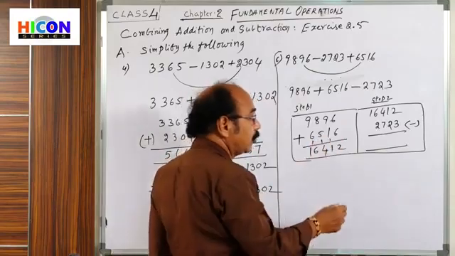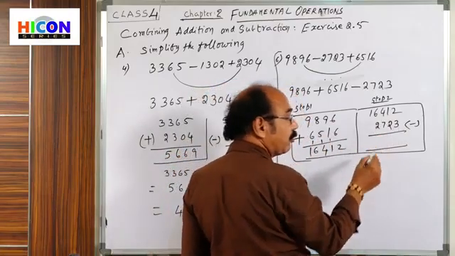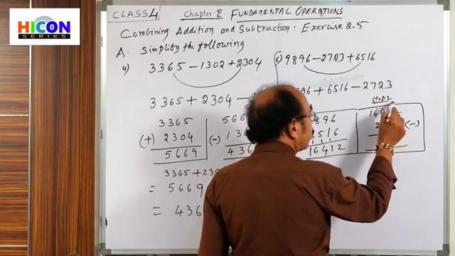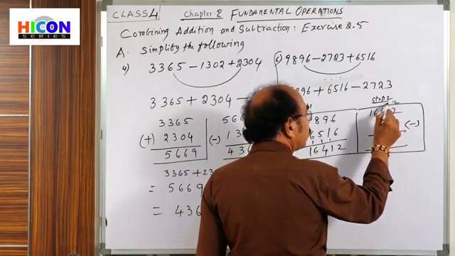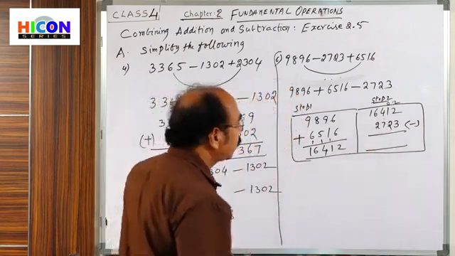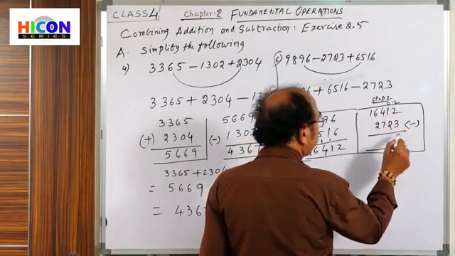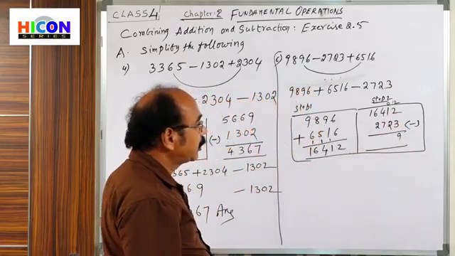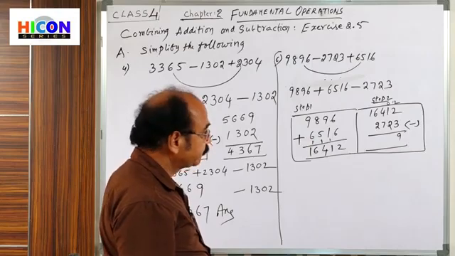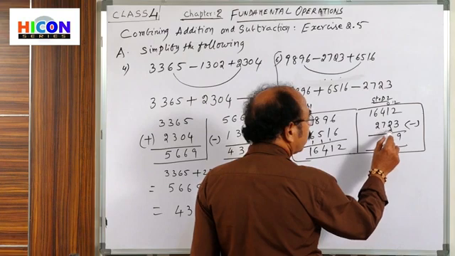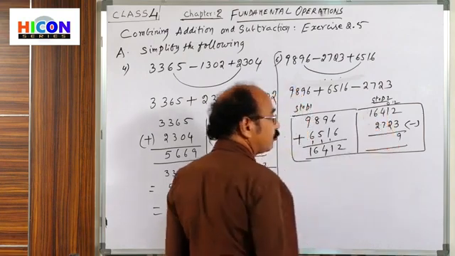Now subtract. 2 minus 3 not possible. Take borrow from its before place. That means here 2 becomes 12 and 1 becomes 0. Now 12 minus 3, how much? 9. Here we cannot subtract 2 from 0.